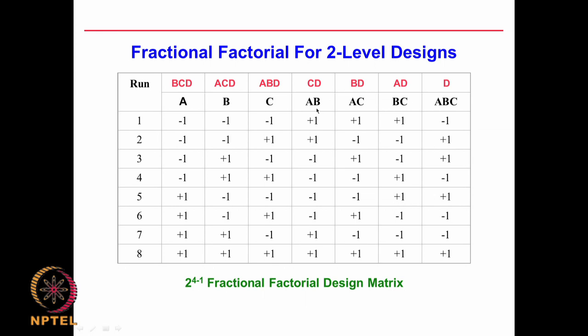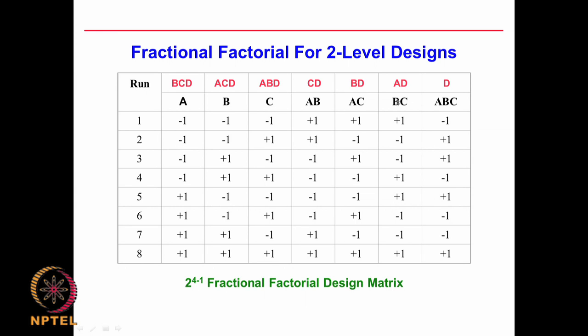So, I will not be able to differentiate between AB and CD. I will not be able to differentiate AC and BD. I will not be able to differentiate BC and AD. And of course, I will not be able to differentiate D against ABC. So, I will not be able to differentiate A against BCD, B against ACD, C against ABD. Okay? So, these have been confounded.